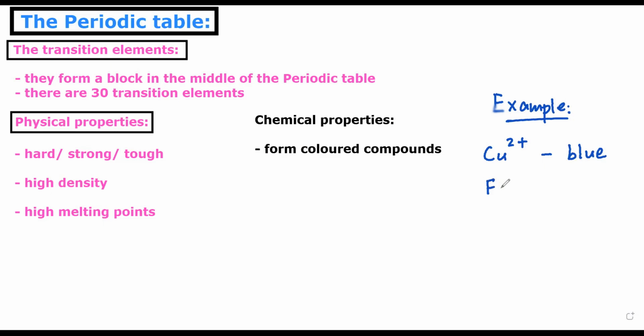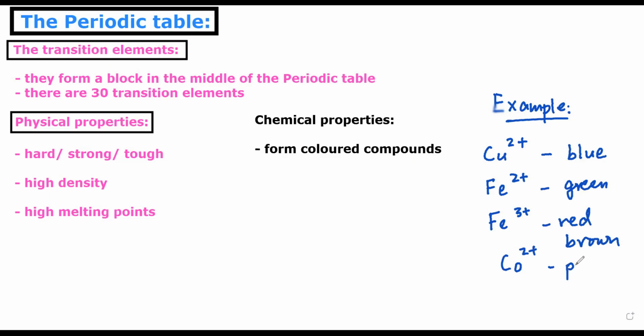Then we have iron 2, which is actually green. Then iron 3, which forms red brown. We have cobalt, which is pink, and many more. So this is what we are referring to when we say they form colored compounds.